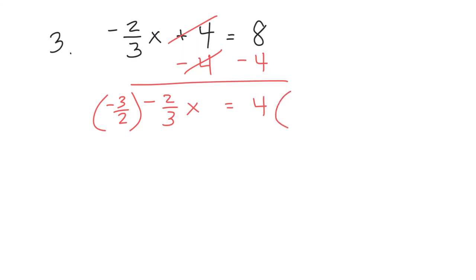So I'm actually going to be using the multiplication property of equality right here in order to get x all by itself. When I multiply -3/2 times -2/3, everything will cancel out, and I'll be left with x on the left-hand side, and on the right-hand side, I could quickly do 4/1 times -3/2, cross cancel here, and I'll be left with x is equal to -6/1, or x is equal to -6.